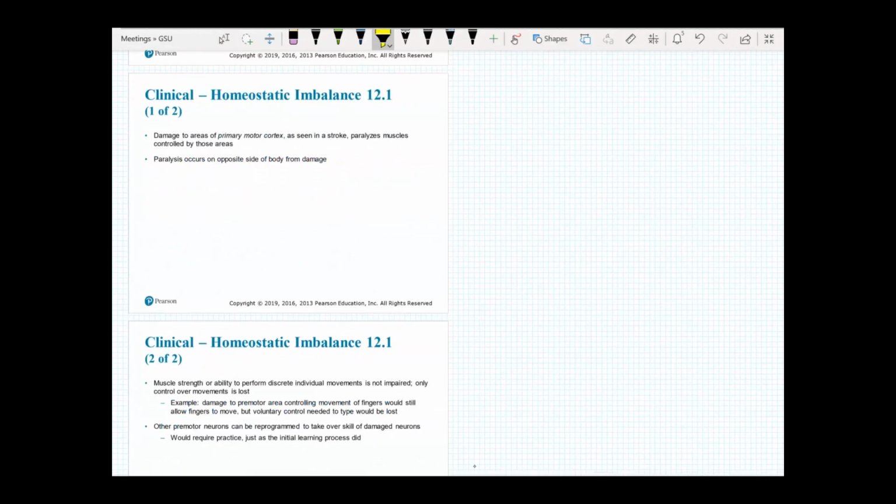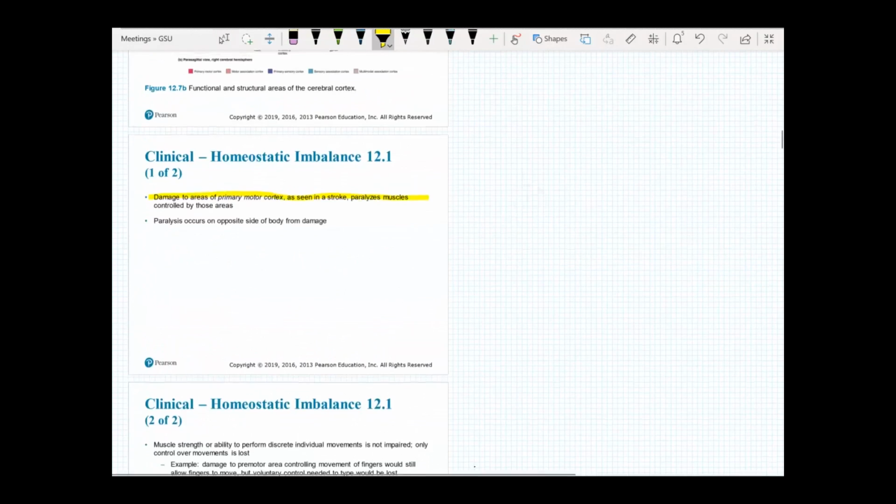Okay, one thing that's really important to this is damage. So the brain, or the central nervous system, as we talked about with neurons, doesn't necessarily have the ability to regenerate. So if there is damage, there are issues. So if there is any damage to the primary motor cortex, it will usually be seen as a stroke, and usually on the opposite side of the body. So if this is my brain right here, here's my central sulcus, here's my premotor cortex.